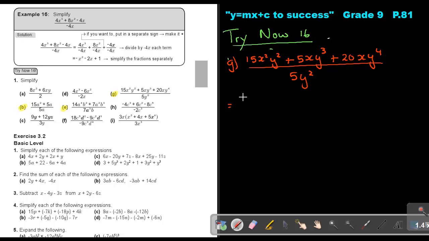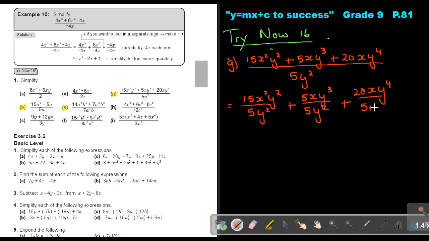So if I start, okay, I'm going to break it up. 15x squared y squared over 5y squared, plus 5xy^3 over 5y squared, plus 20xy^4 over 5y squared. Okay, let's start with the simplifying. 5 can go in 15 3 times. So it's 3. Okay, there's only that x. So I just have to rewrite that x. There's nothing to cancel out.